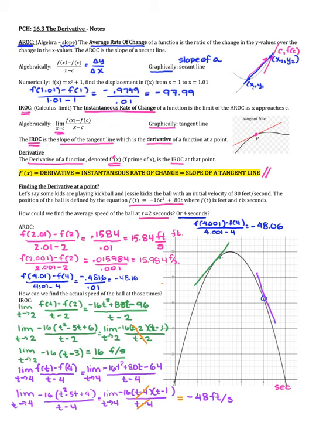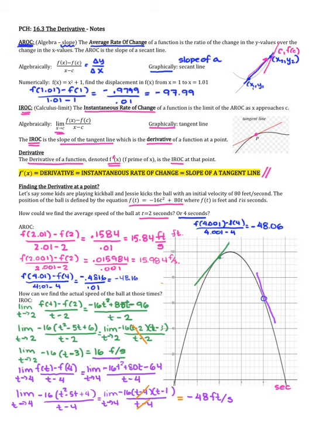So a couple things I want to point out. Notice that the green slope is positive, and the derivative, which is what we just found, the limit of the average rate of change, is your instantaneous rate of change, and that equaled a positive 16 feet per second. At t equals 4, notice our slope is negative.